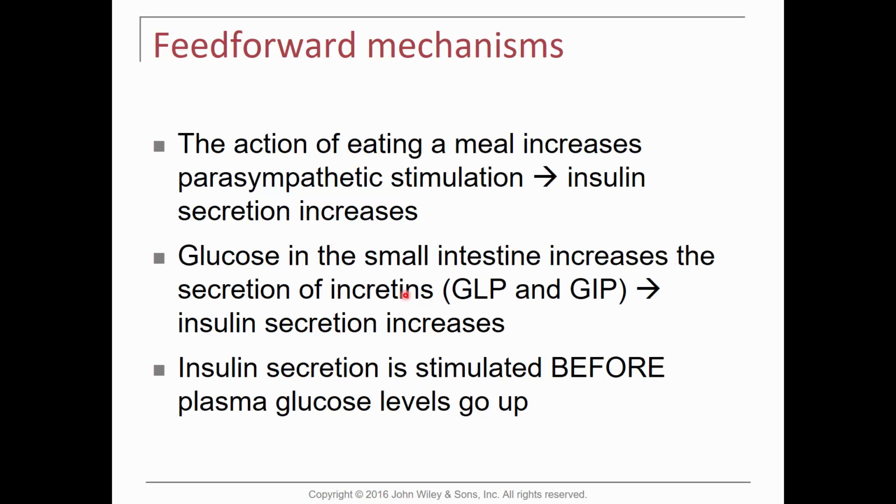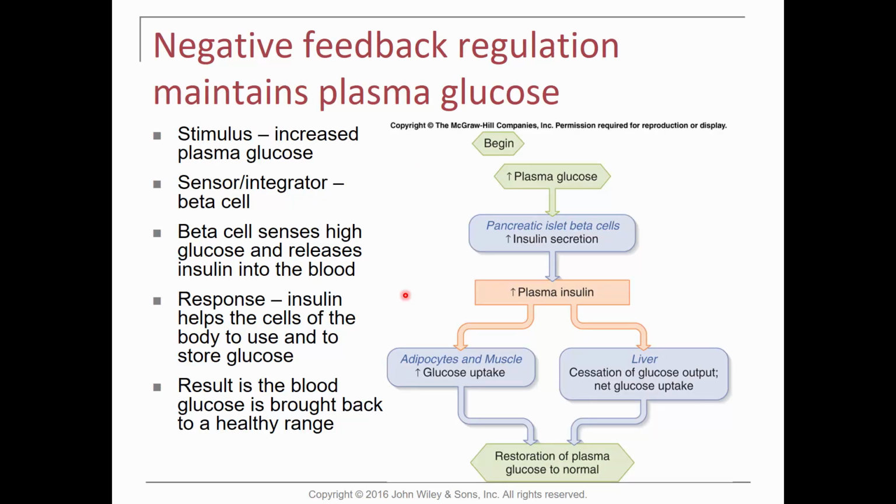But these are signals that are feeding forward and telling the pancreas to get insulin secretion going, because these are signs that blood glucose level will go up. So let's get the insulin secretion going so that we're ready for that glucose when it shows up in the blood.